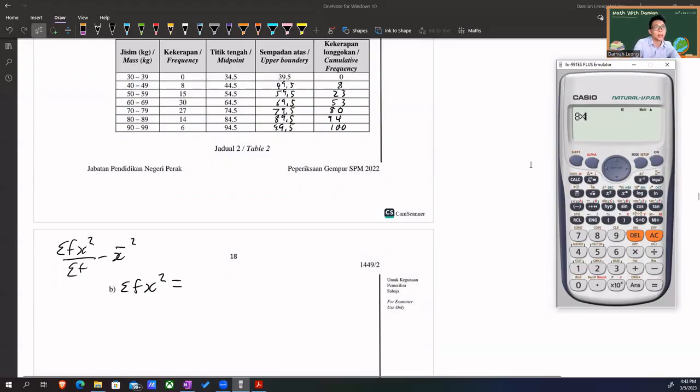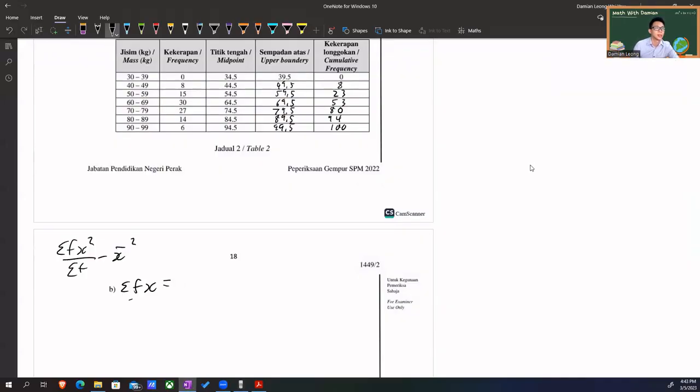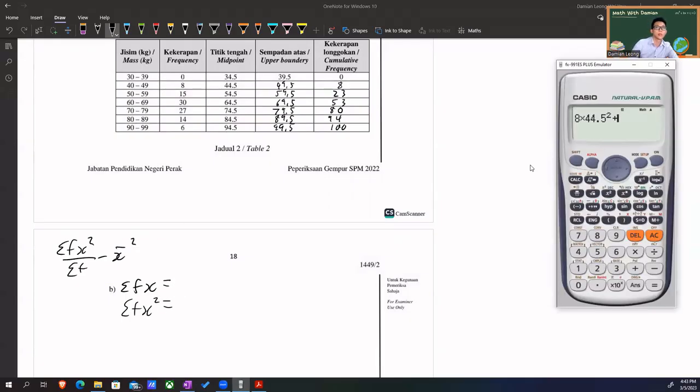And 8 times 44.5 squared plus, okay, I find sum of fx first. Sum of fx, because sum of fx I also need because I want the mean. So 8 times 44.5. The 0 one actually I don't need, right? Because times 0 is nothing.